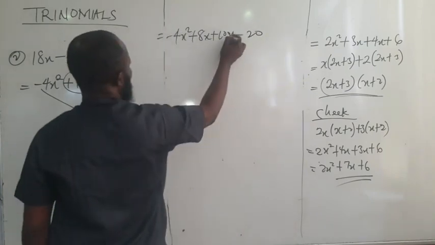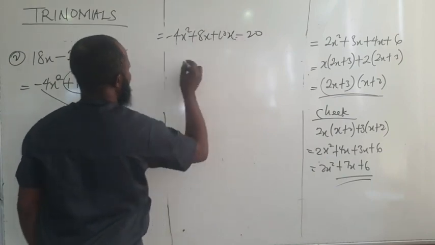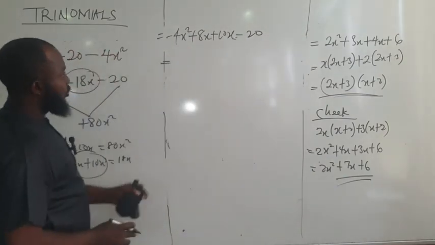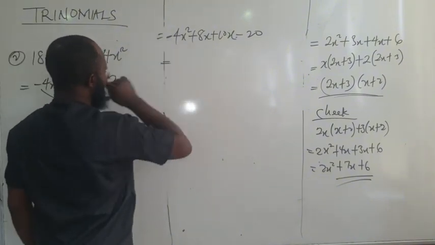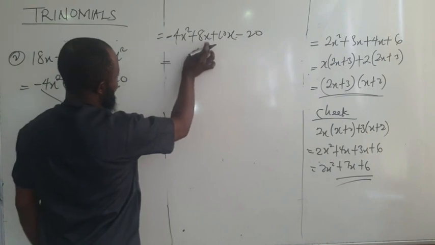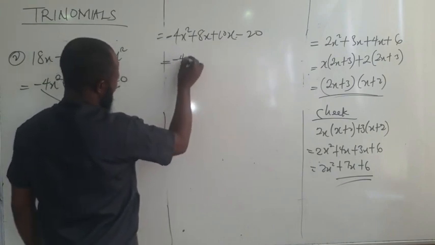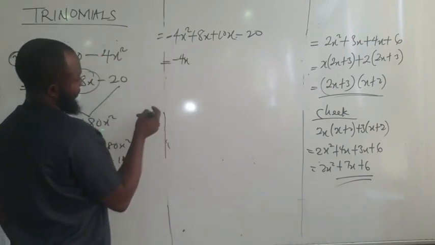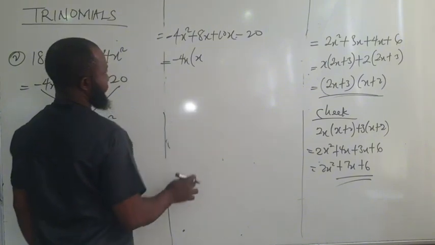Sorry for the way I write my x, so it looks like n. We're going to compare these two. What is common to this and this? 4 can go there, x can go. So let's have it as minus 4x. Let's bring the minus out. Right? Minus 4x. What is left there is x.